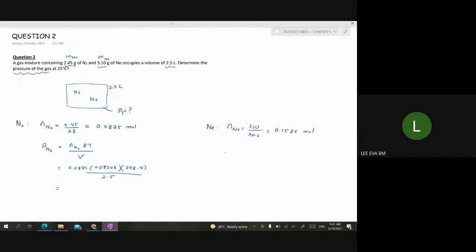Similar to the partial pressure for neon, also you are applying PV equals nRT. So we use the number of moles for neon, RT over V. Okay, so let me know about your answer over here.